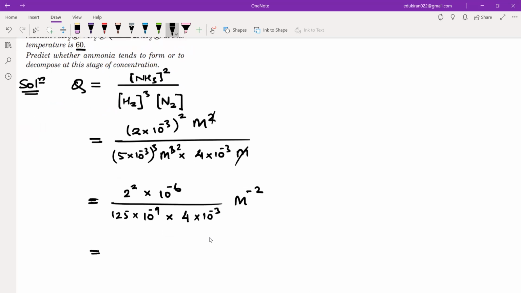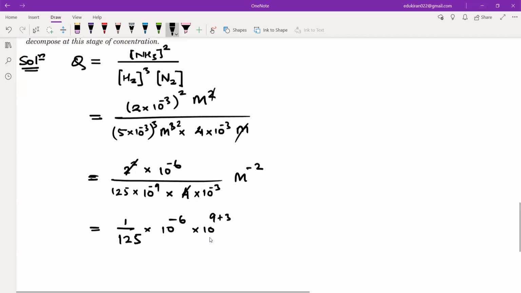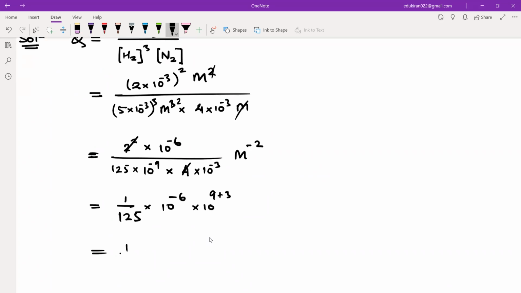First of all, I think these two will get cancelled and you will have 1 upon 125 into 10 to the power minus 6 into 10 to the power 9 plus 3. These two get added, 9 plus 3, 12. So this will be 10 to the power plus 6, right? Yes or no, guys?